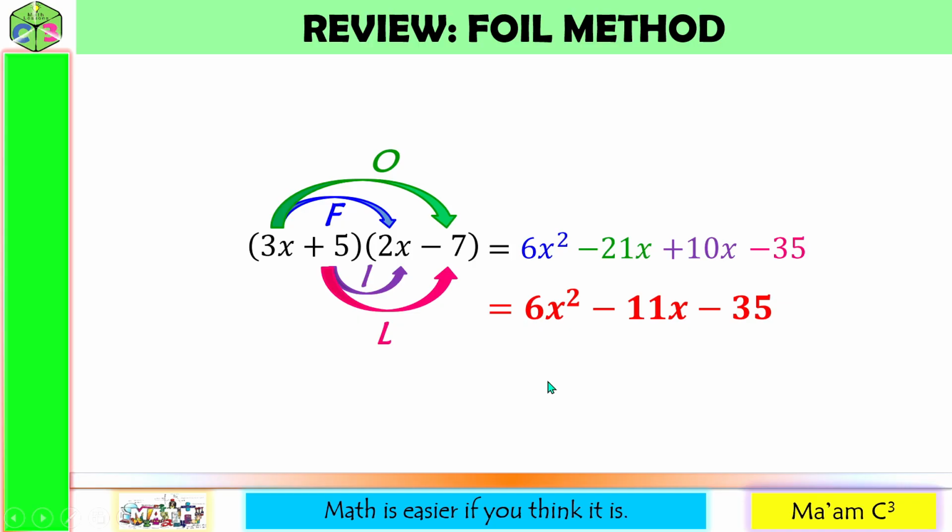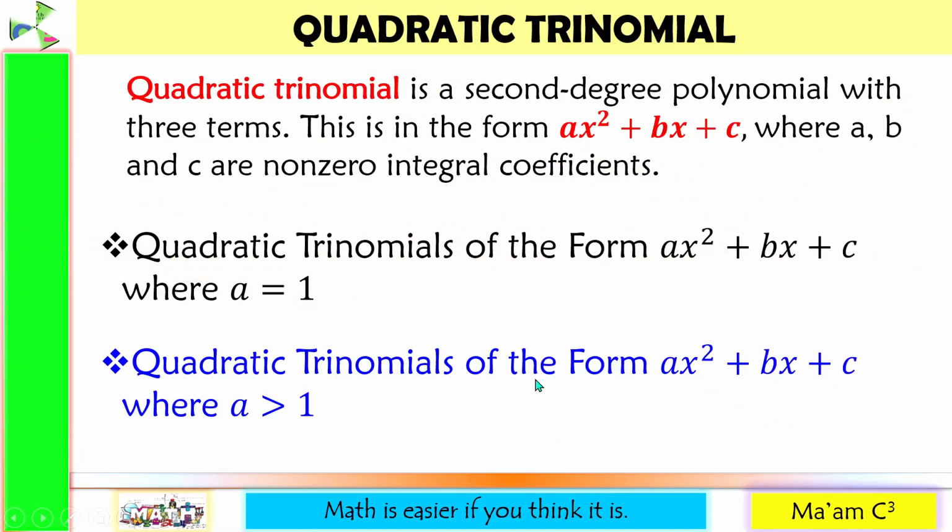In our lesson for today, we're going to start with this one, a trinomial where a is greater than 1, as our problem, and we will finish when we determine its factors. Again, a quadratic trinomial is a second-degree polynomial with three terms. It is in the form ax squared plus bx plus c. In our last lesson, we factored quadratic trinomials where a is equal to 1.